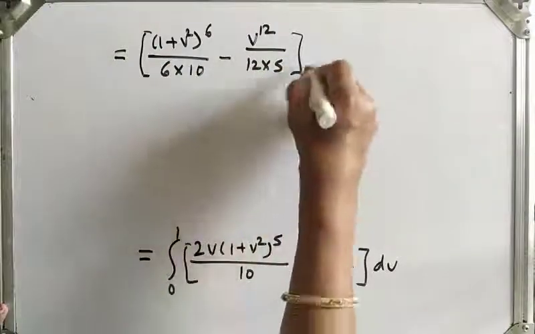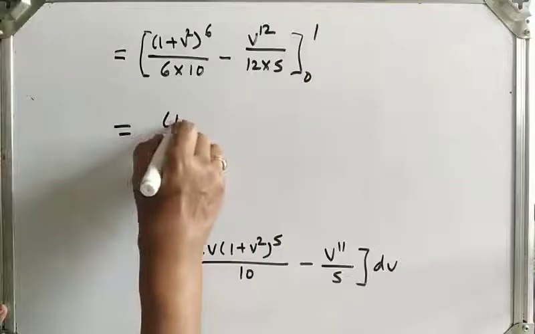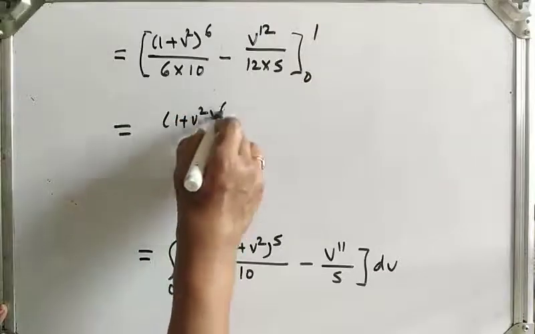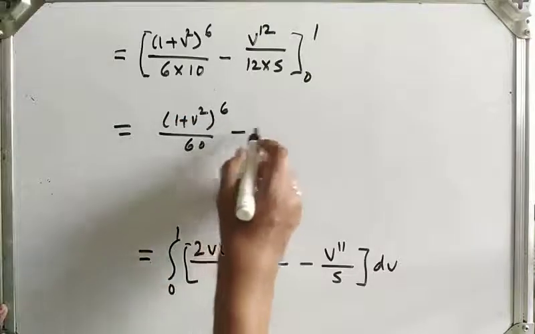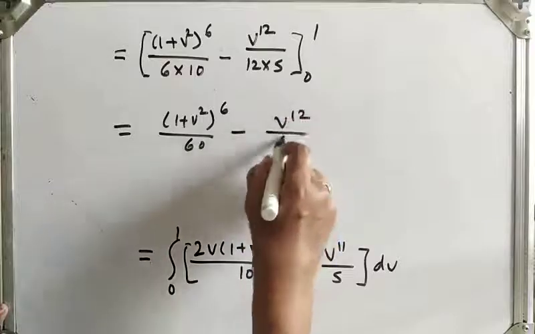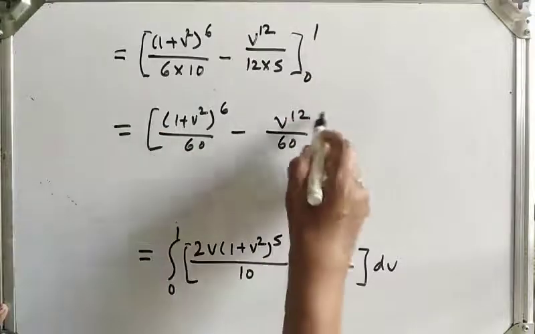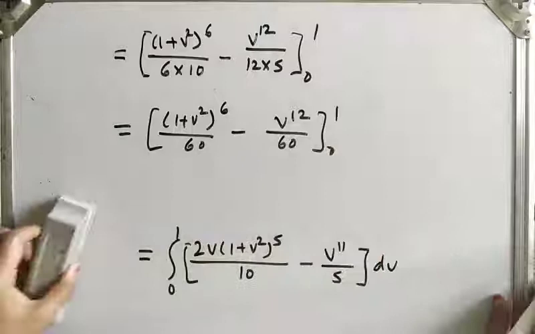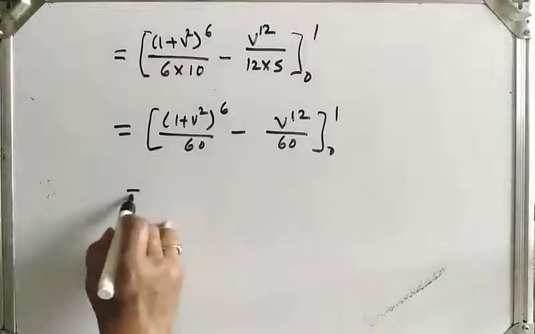With limits from 0 to 1, that is (1 plus v squared) raised to 6 upon 60 minus v raised to 12 upon 60, limits from 0 to 1. Now apply limits.